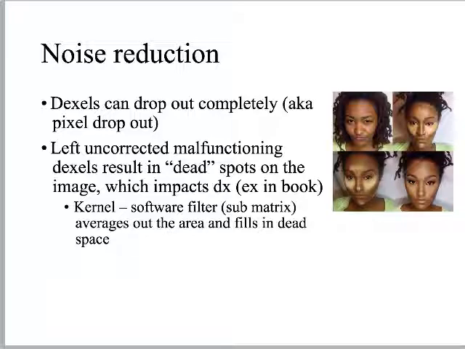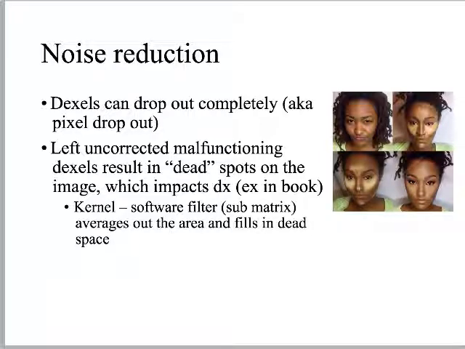Same thing could happen on this image receptor. After enough time of the image receptor not receiving information or shorting out or getting too much dark current at that spot, eventually the Dexel could just say, I'm done, I'm out, right? I'm permanently out of commission.